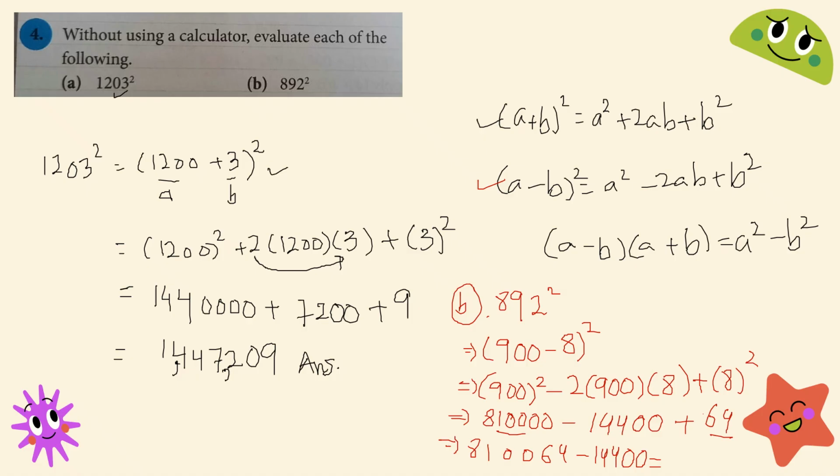Minus 14400, I will be getting 795664. This is what I am going to get. And in this way you will be solving it. Even some of you might think of 800 plus 92, which is fine, but you have to multiply it correctly in order to get the required answers.